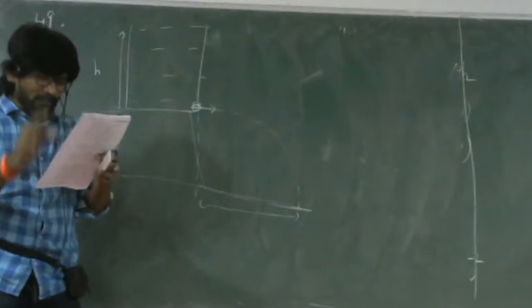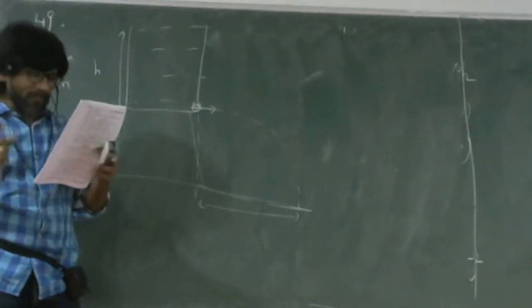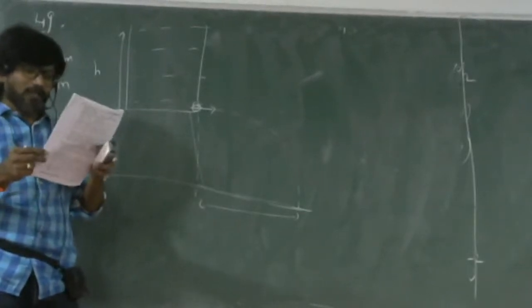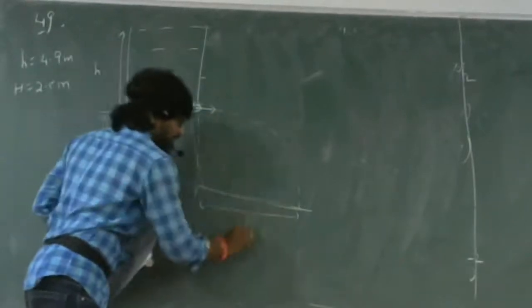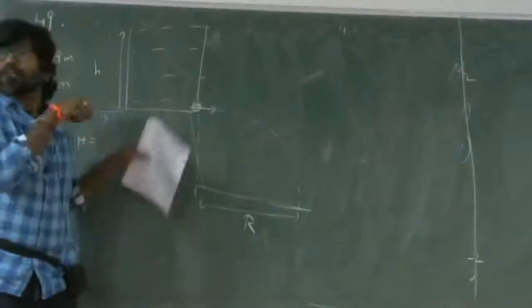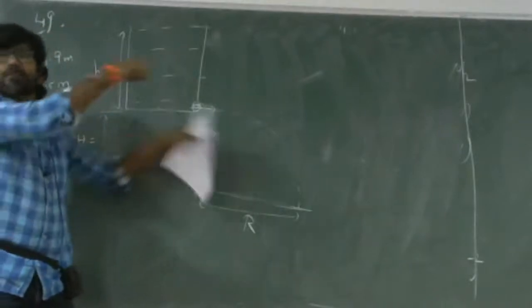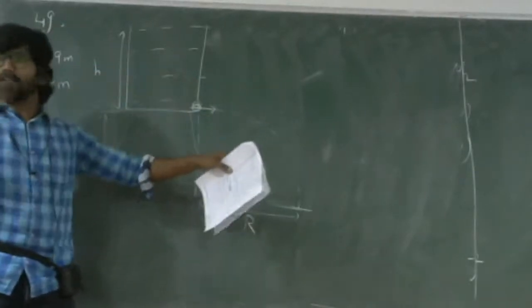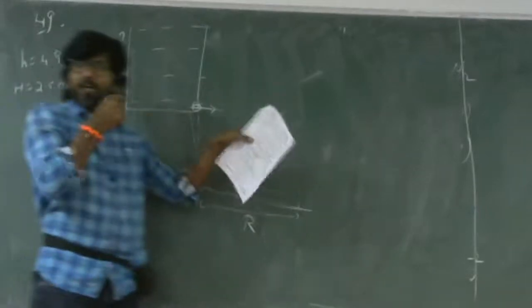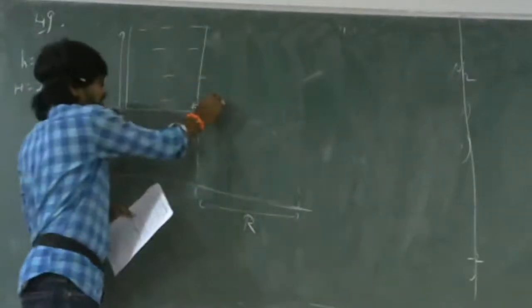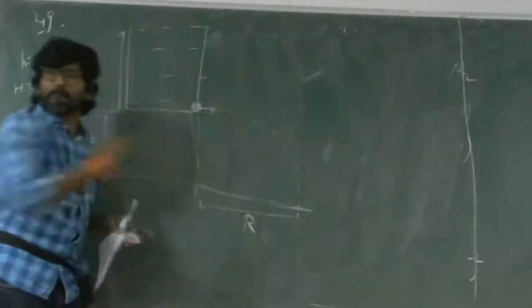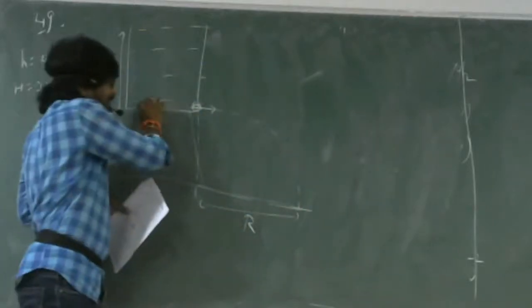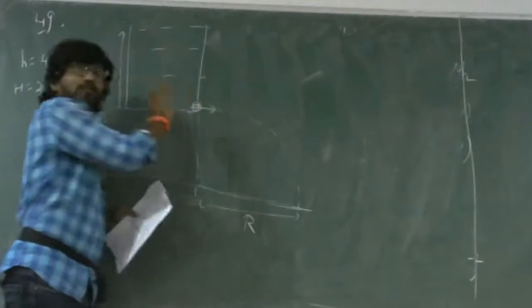We call it the range. It follows the path of a projectile, like a horizontal projectile. If you project the initial velocity horizontally, it goes and strikes the ground in a parabolic path.